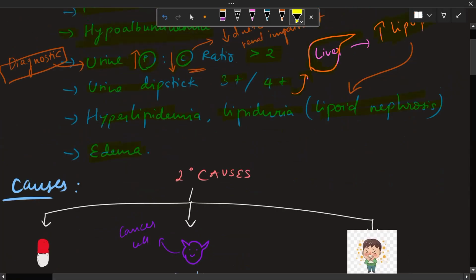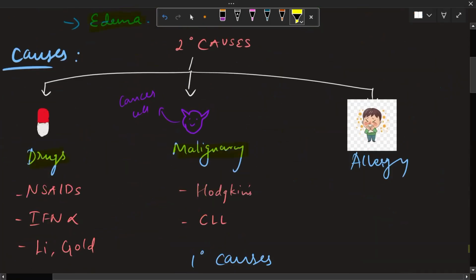One of the important secondary causes of nephrotic syndrome is drugs. Certain drugs are associated with the development of nephrotic syndrome, and those drugs are NSAIDs, non-steroidal anti-inflammatory drugs, interferon alpha, lithium and gold.